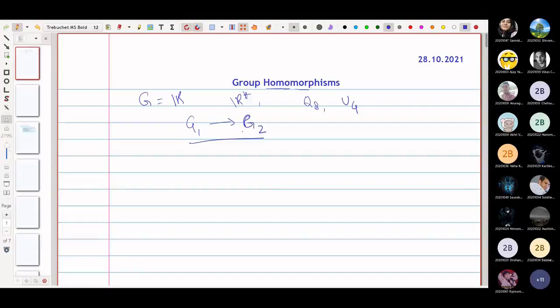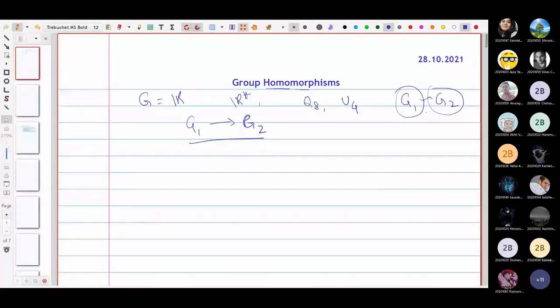The motive of studying group homomorphism is to find out groups of the same type. We have a group G1 and a group G2. If all elements of G1 and G2 have the same properties and the same number of elements, then we can say that only their appearance is different.